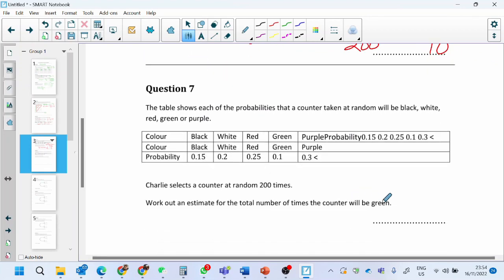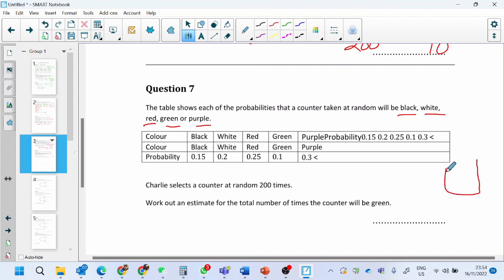In question number 7, the table shows the probabilities that a counter taken at random will be black, white, red, green, or purple.